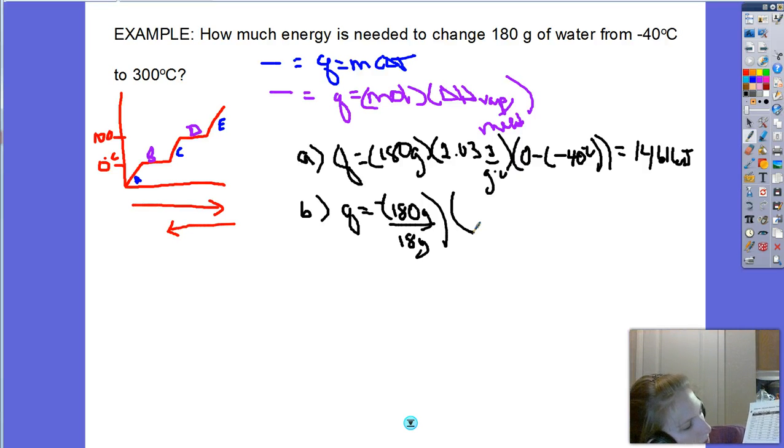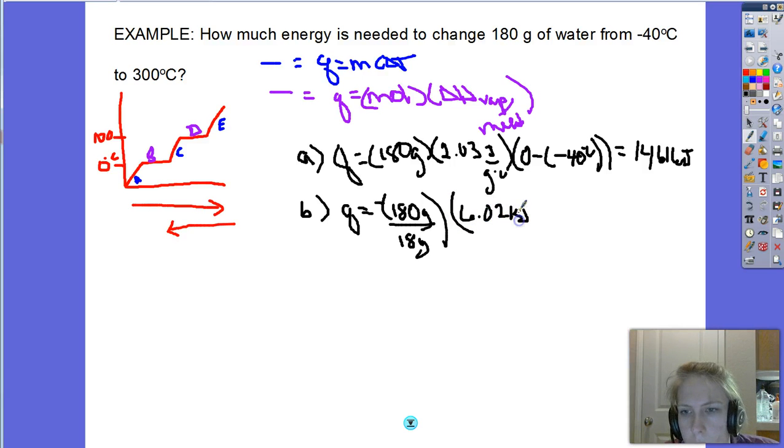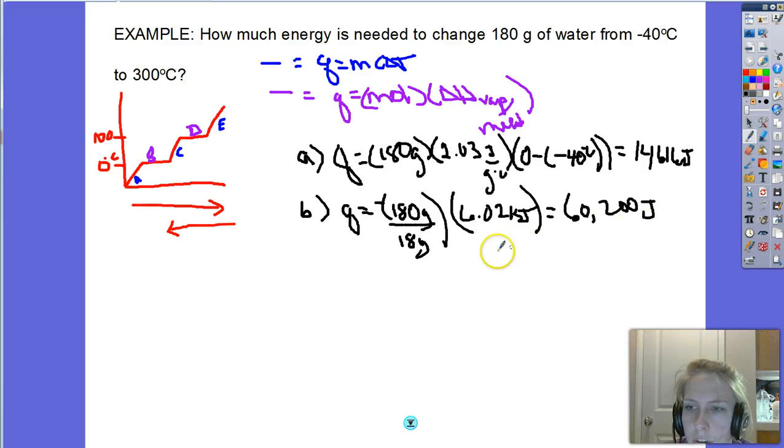And for water, we have 6.02 kilojoules. 6.02 kilojoules. And that is going to give me 60,200 joules. So I got 60.2 kilojoules, and then I just multiplied it by 1,000 to get our joules.